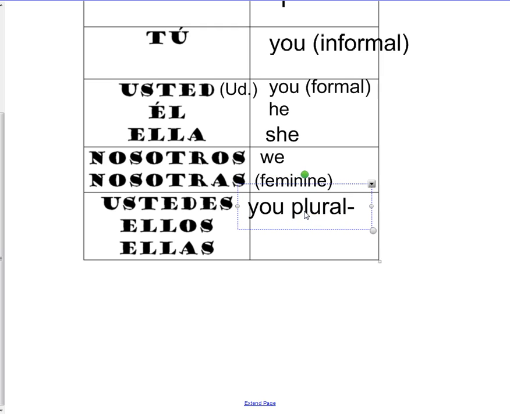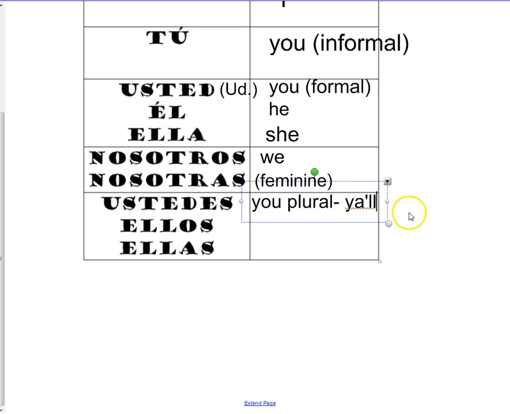Now, in the South, where I'm from, we have a word for you plural. We don't just say more than one you. We use a word called y'all. Now, this ustedes doesn't have an accent. Basically this is a colloquial word, y'all. But y'all means you all, more than one you. So it means you plural. So it's a good way to remember what ustedes means, you plural, or y'all.